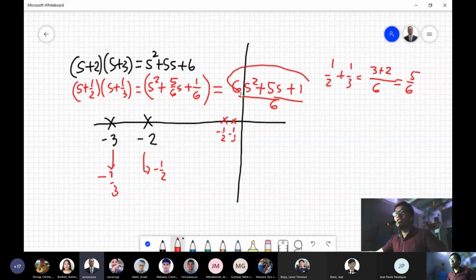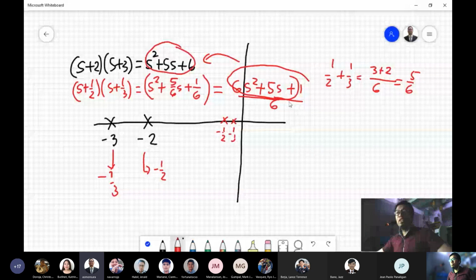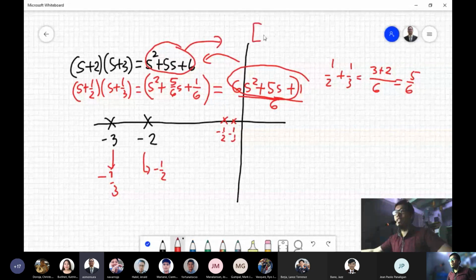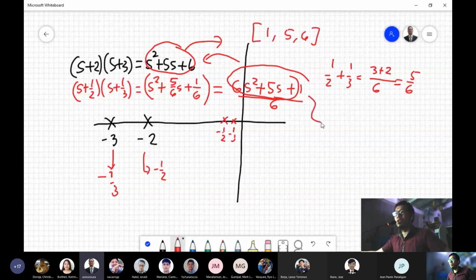Ngayon, pansinin natin ito at saka ito. Anong mapapansin natin sa coefficients nila? Kung isusulat natin sa array yung coefficients, that is 1, 5, 6. Ito naman ay 6, 5, 1.